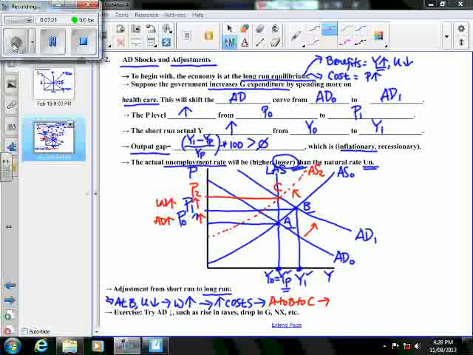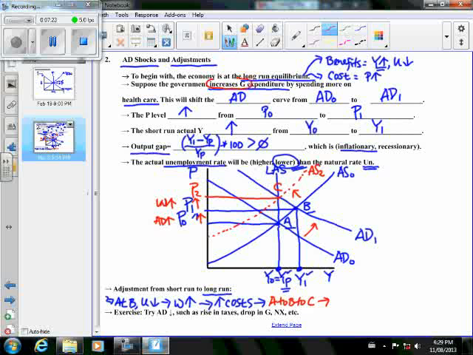This implies that the initial increase in government expenditure managed to create a short-term economic boom, but the boom, or the overheated economy, will drive up production costs, and then towards the end, the G increase will have no effect on GDP whatsoever, and all this would do is increase the price level.